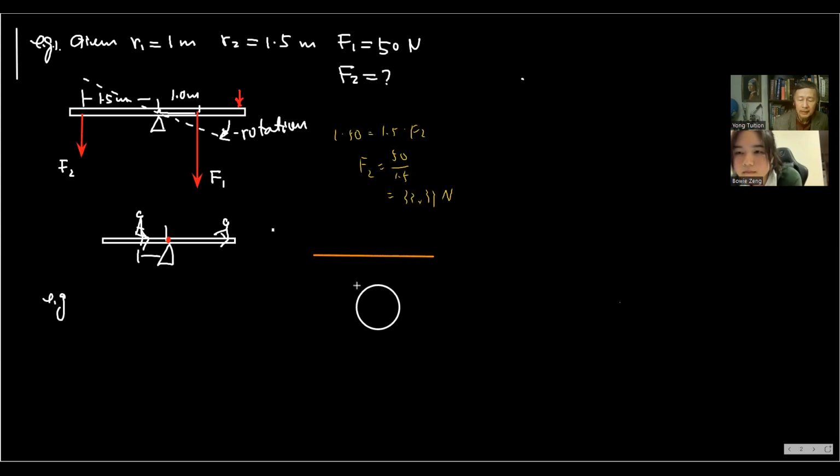You put one single wheel, a single pulley. In this way, it just changes the direction of force. It's fixed. And another one is moving. Another pulley system is like this.